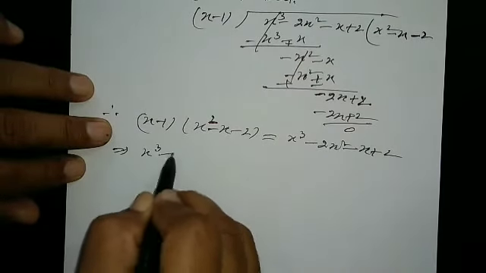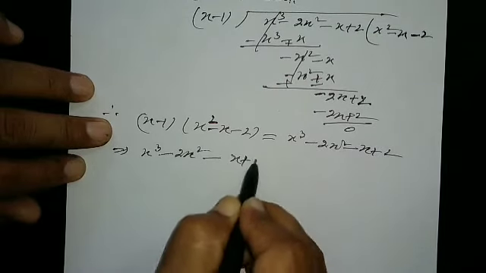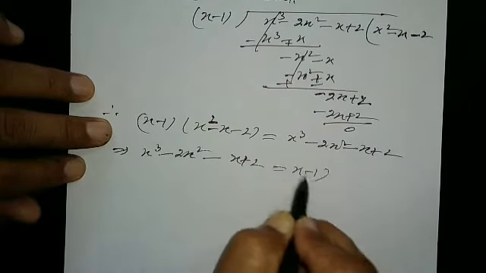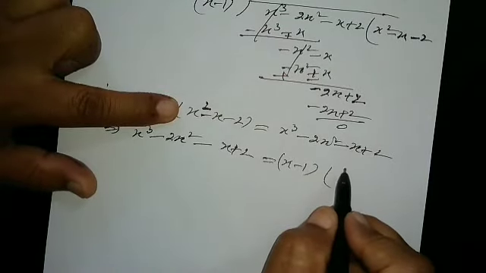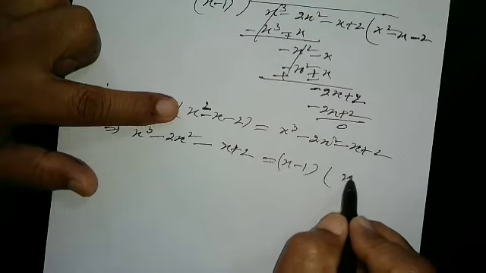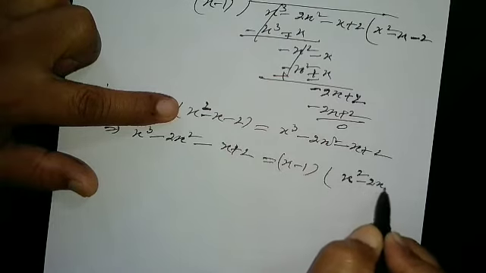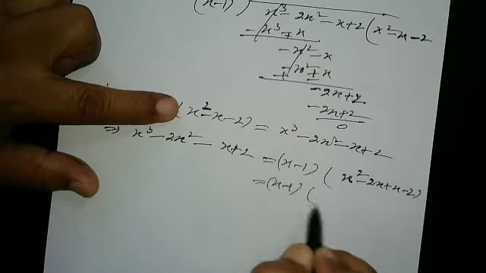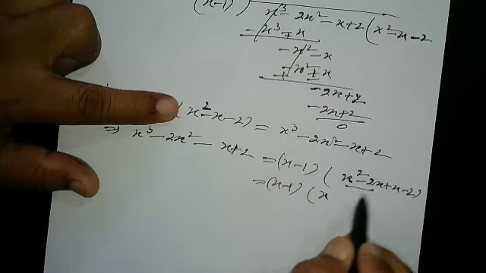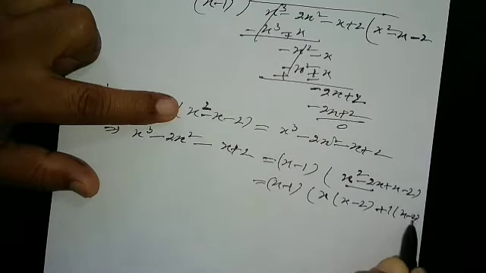Now make factors of this quadratic polynomial x square minus x minus 2, splitting the middle term: x square minus 2x plus x minus 2, and we see that here x is common, x minus 2 and x minus 2.